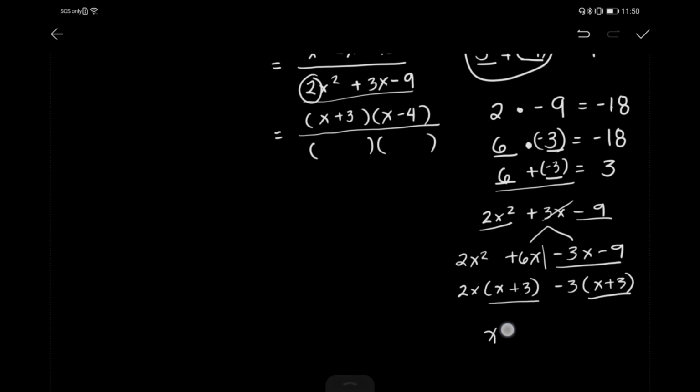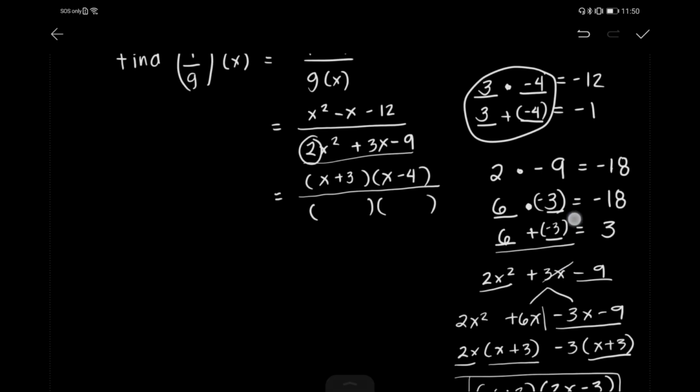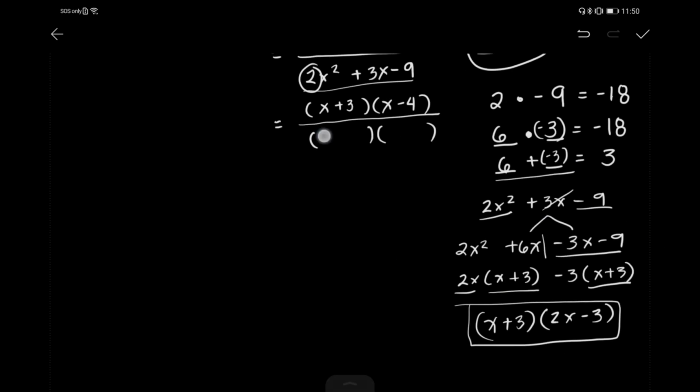You're just going to copy the x plus 3 common factor and the outside factors, which are the 2x and then the -3. So therefore, this is now the factor of our given denominator, which is x plus 3 and then 2x minus 3.